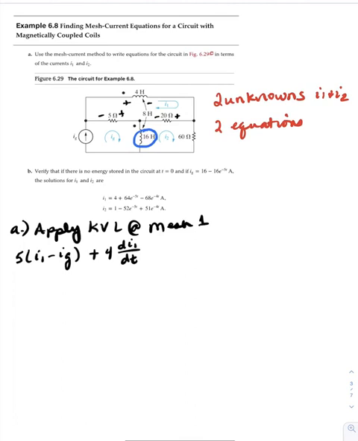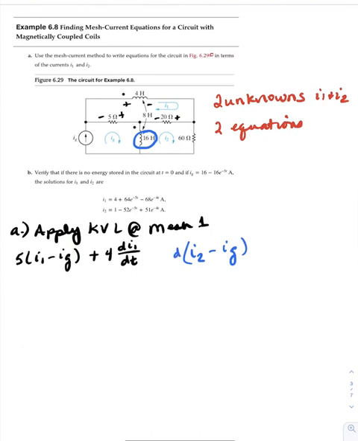So are we going to say I sub G minus I sub 2, as the book does, or I sub 2 minus I sub G? If we said I sub 2 minus I sub G, then what is our sign?